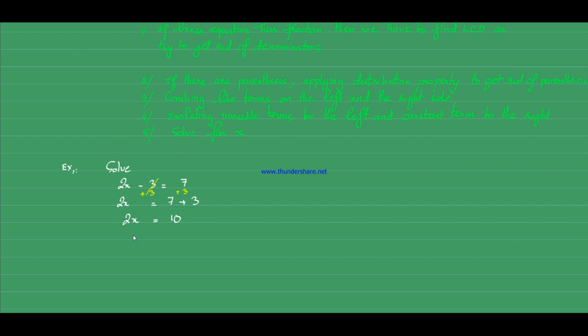Over here you want to get the x, and this is 2x, so it's 2 multiplied. In order to get the x, you're going to do the opposite. So we're going to divide. 10 divided by 2 gives you 5. All right, so that's your final answer. x equals 5 is the solution of this basic linear equation.